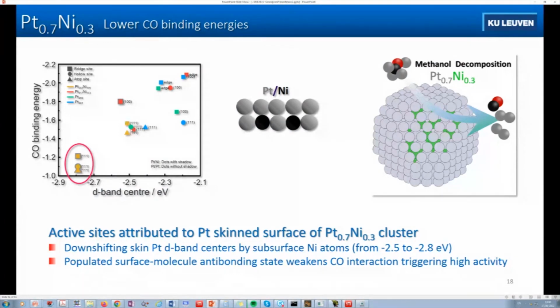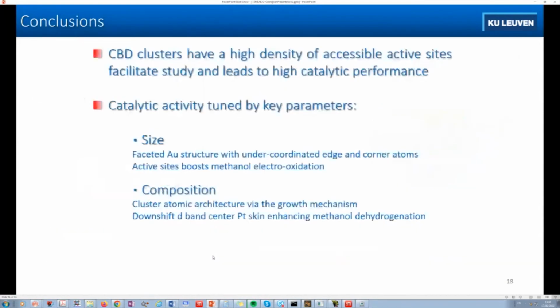But you see, even the pure Pt is there, a bit. So you see with the Pt-nickel skin, you really diminish the D-band center, and you diminish the CO adsorption energy. So by doing that, you really increase the activity.